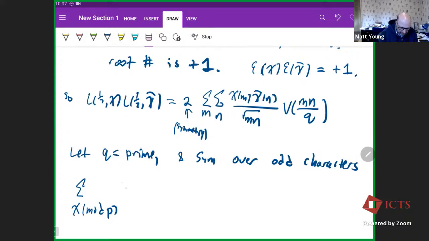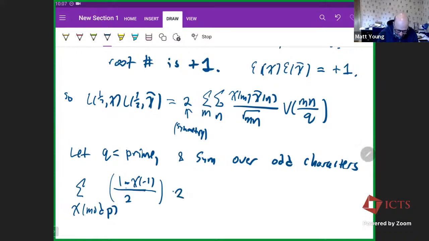I'll put a minus sign to represent the odd characters. And then to detect odd characters, you can do this trick. You take 1 minus chi of -1. So if chi of -1 is +1, this is 0, and if chi of -1 is -1, then this thing I wrote is 1.